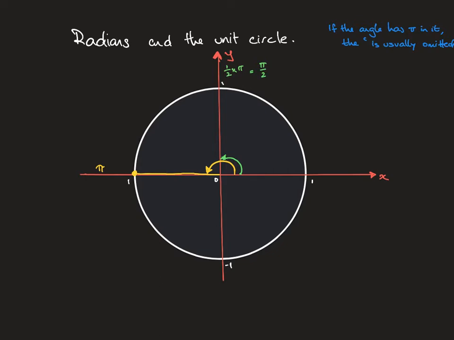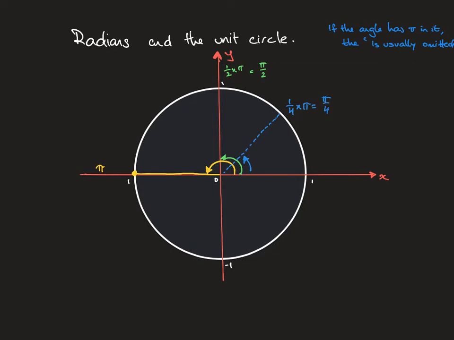And since this angle here is a half of pi, if I divide this angle in half again and come around halfway, that will be a quarter of pi, which is pi on 4.